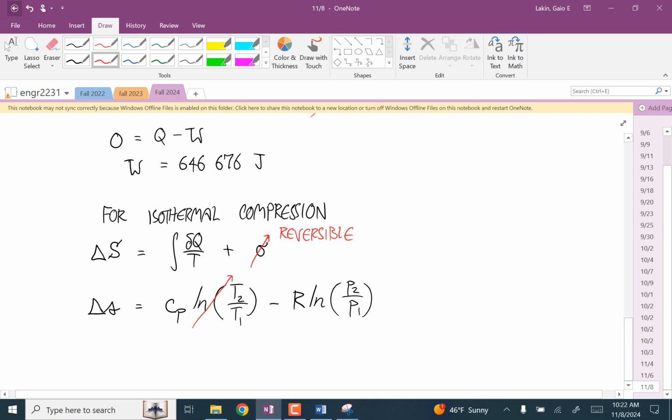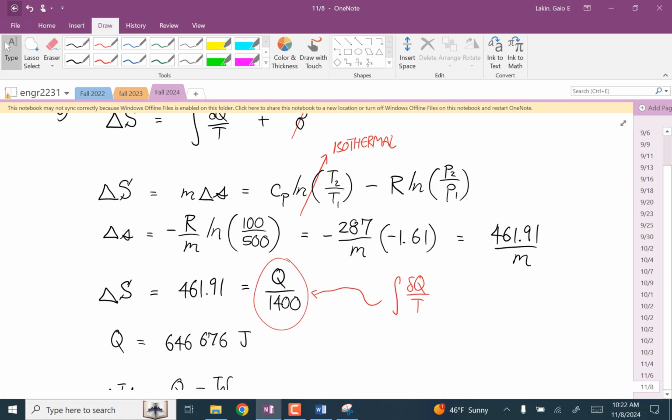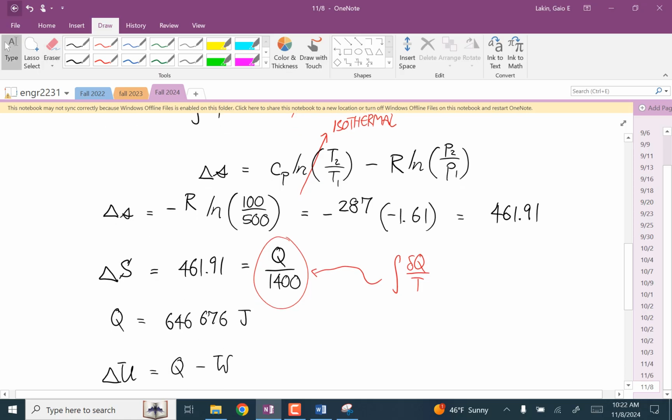This goes away because it's isothermal. I made a mistake here with these M, so we are still going to have to deal with this M, because this is 461M. And so Q is equal to this times M.